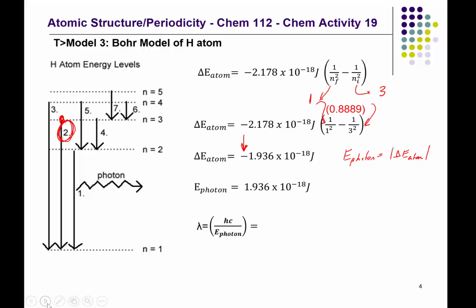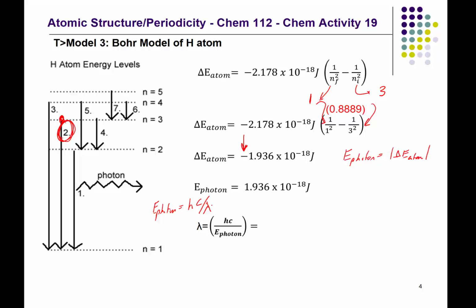Now, once I have the energy of a photon, I can calculate the wavelength of that particular photon. This is the same calculation that we saw in chem activity number 18. So I'm starting with the equation, the energy of the photon is equal to hc over lambda, and I'm just solving for lambda.